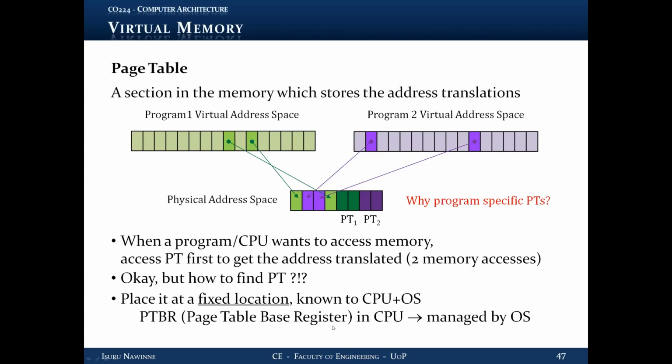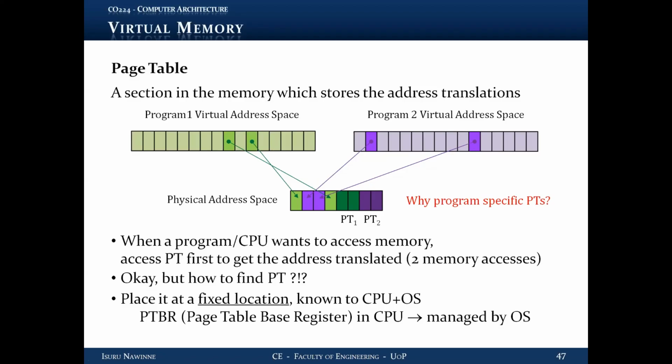Page table base register is a special register in the CPU, and it can store the starting address of the page table, right? So addresses go from here to there. So the starting address of the page table can be stored in the page table base register.